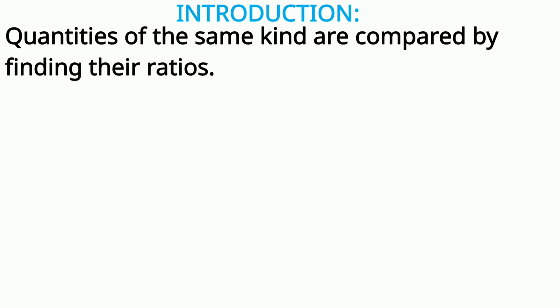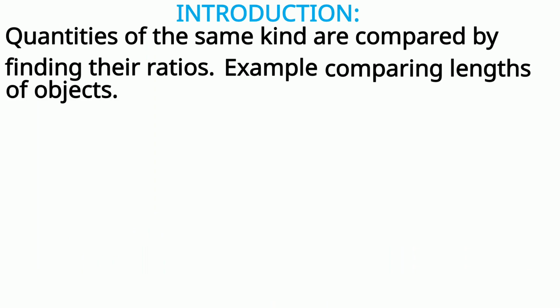Okay, let's start. Quantities of the same kind are compared by finding their ratios, for example the length of objects. If we have 2 objects and we want to establish their relationship based on their length, we can establish their ratios because their relationship will be based on the common measure, that is length.